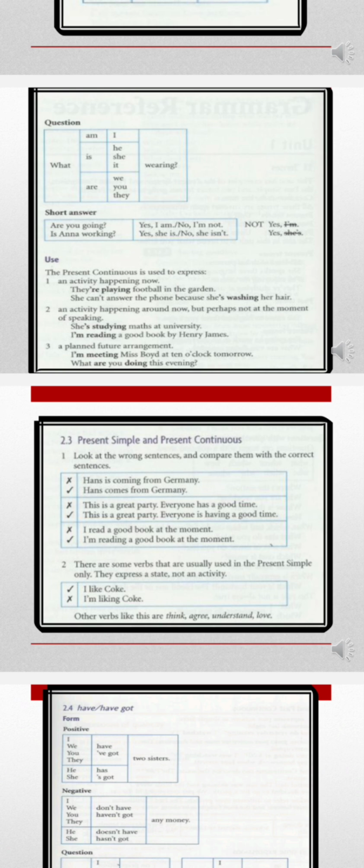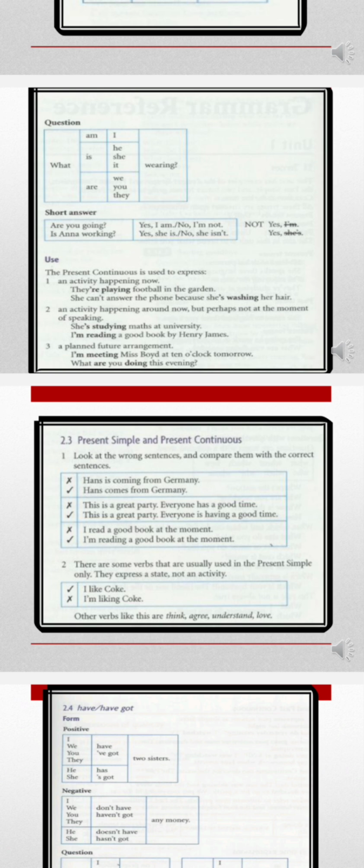Number 2. An activity happening around now, but perhaps not at the moment of speaking. For example, she is studying maths at university.